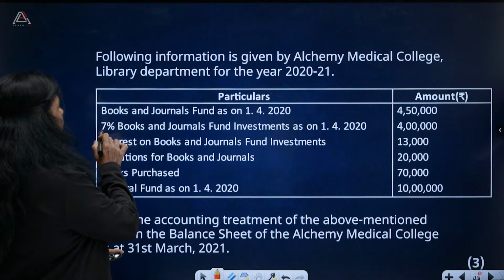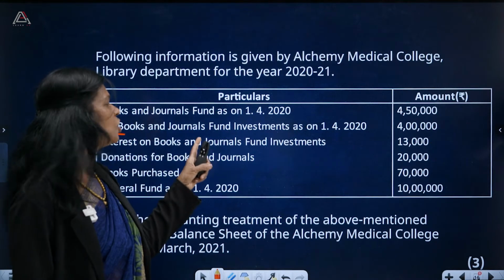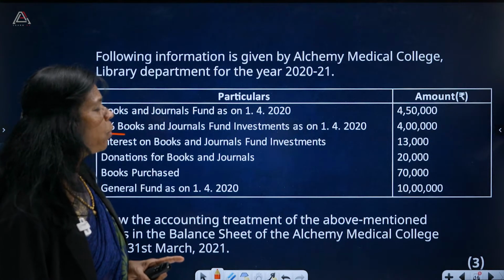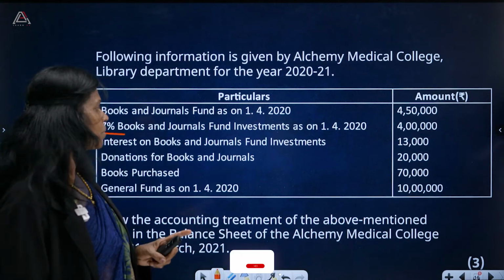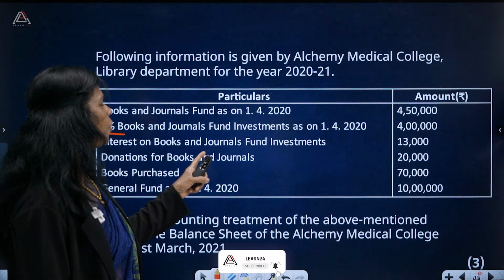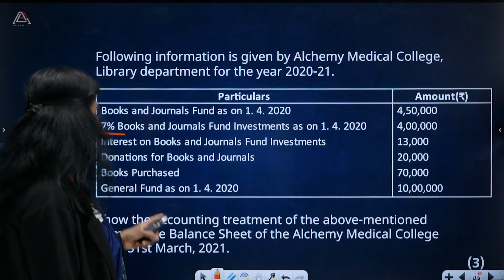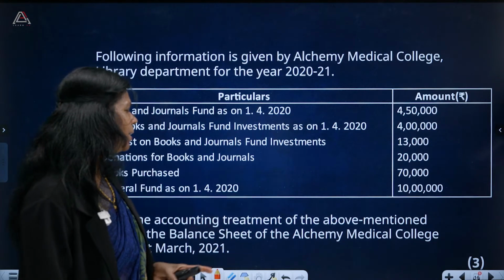Here noted the percentage, 7% books and journal fund investment. How much? 4 lakh. Then interest on books and journal fund 13,000. Then donation for books and journal 20,000. Books purchased 70,000. Then general fund as on 1st April 2020, 10 lakh.